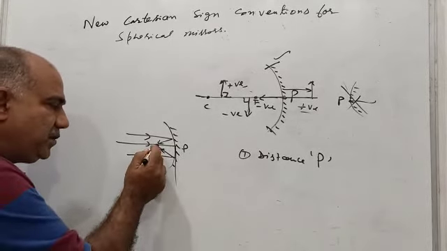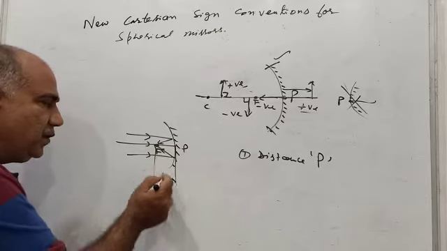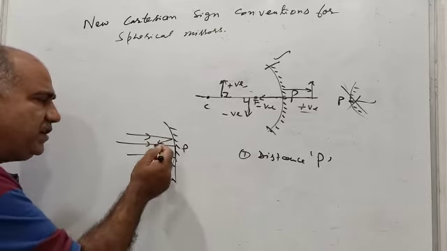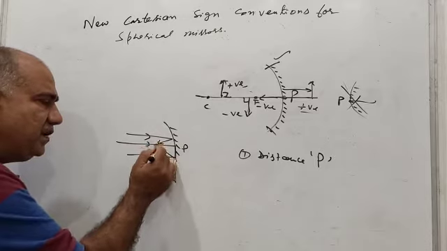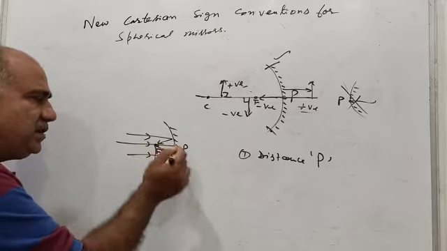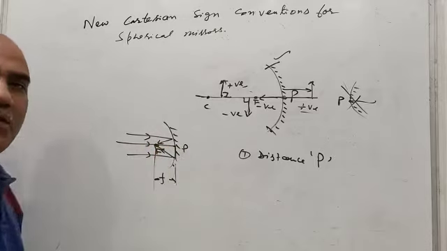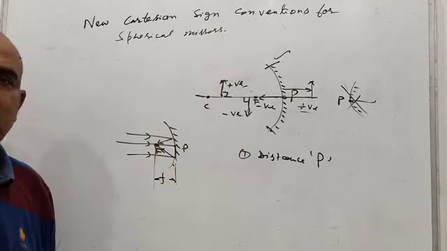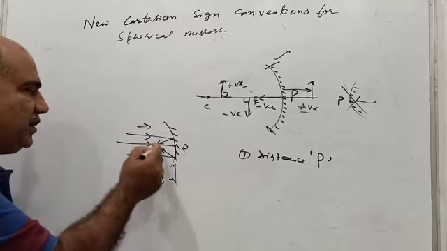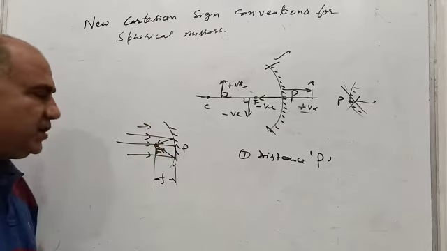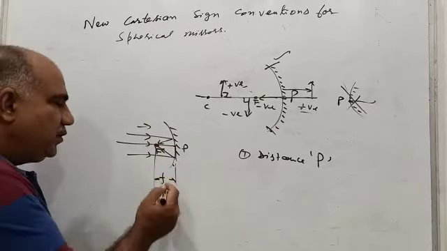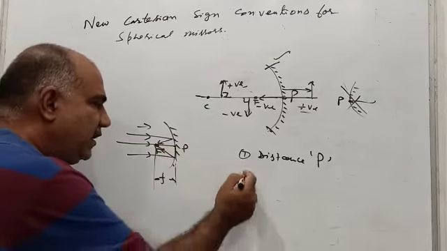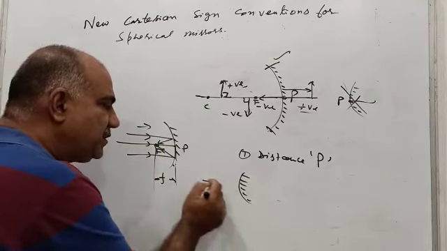The focal length of this mirror has to be assigned a negative sign because this point lies to the left of the pole, in a direction opposite to that of the incident ray. So the focal length of a concave mirror is negative.